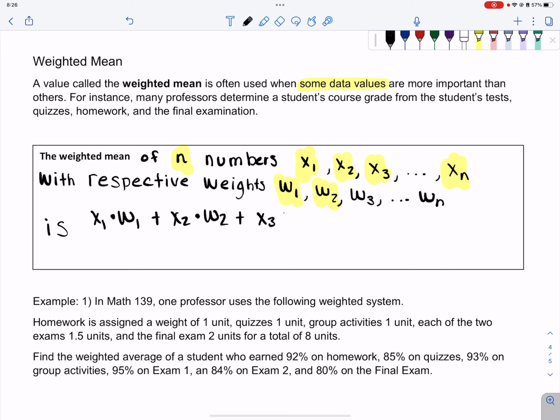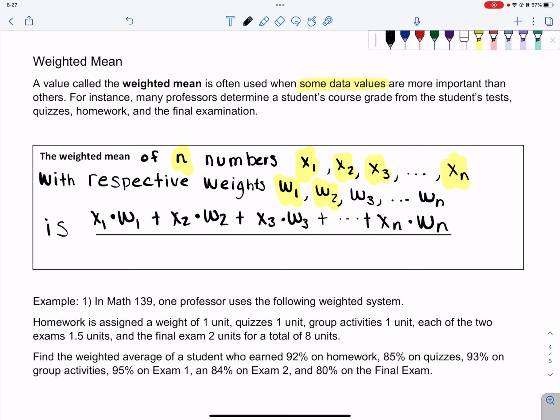We'd have x3, multiplied by W3. And then I'm just going to use dots to skip over, because obviously we don't want to write all of these down in the formula. Then we'd have our last x, multiplied by its respective weight, Wn. That would be adding all of our data values together, essentially.